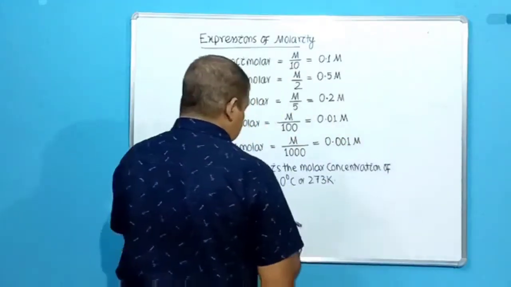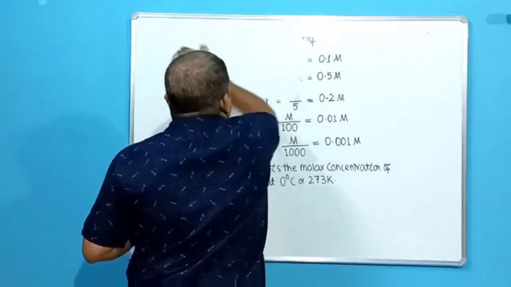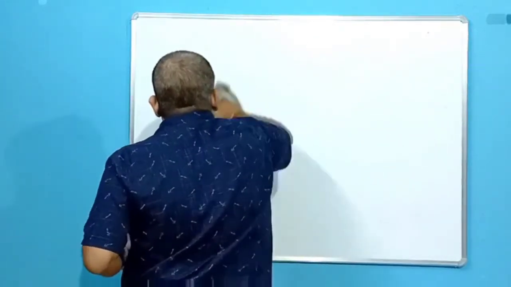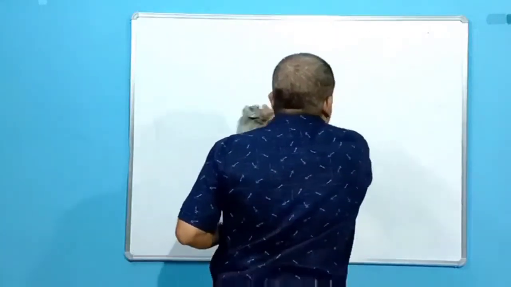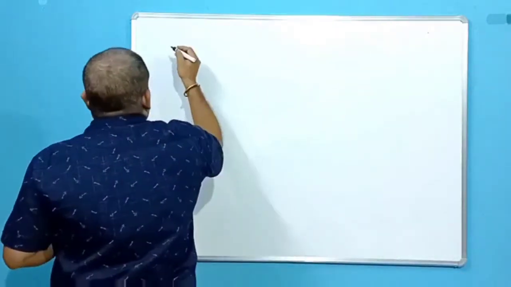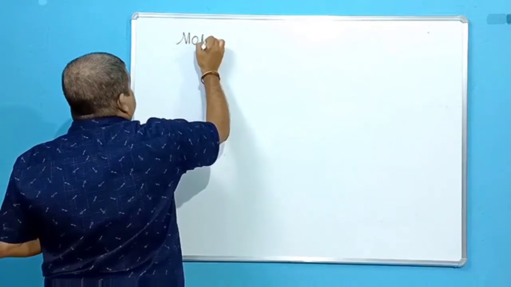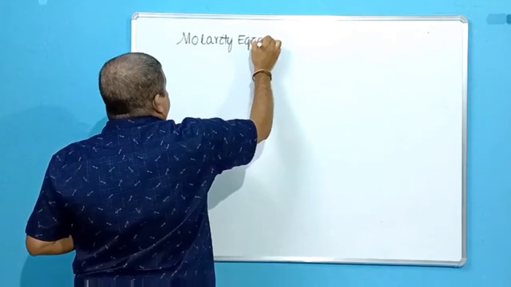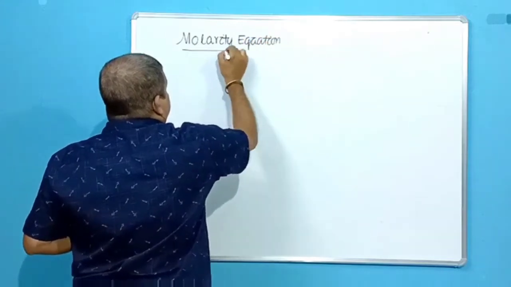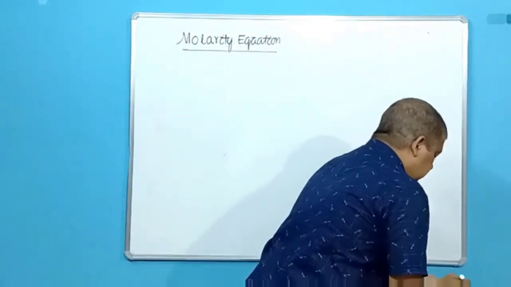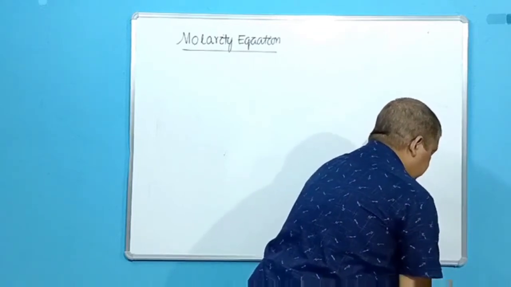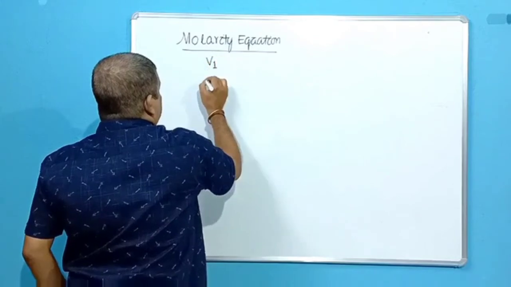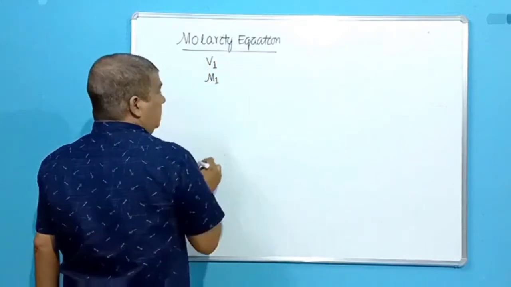Then next we will move on to the molarity equation. Let us see what the molarity equation is. Suppose we have taken one solution of volume V1 and molarity M1.